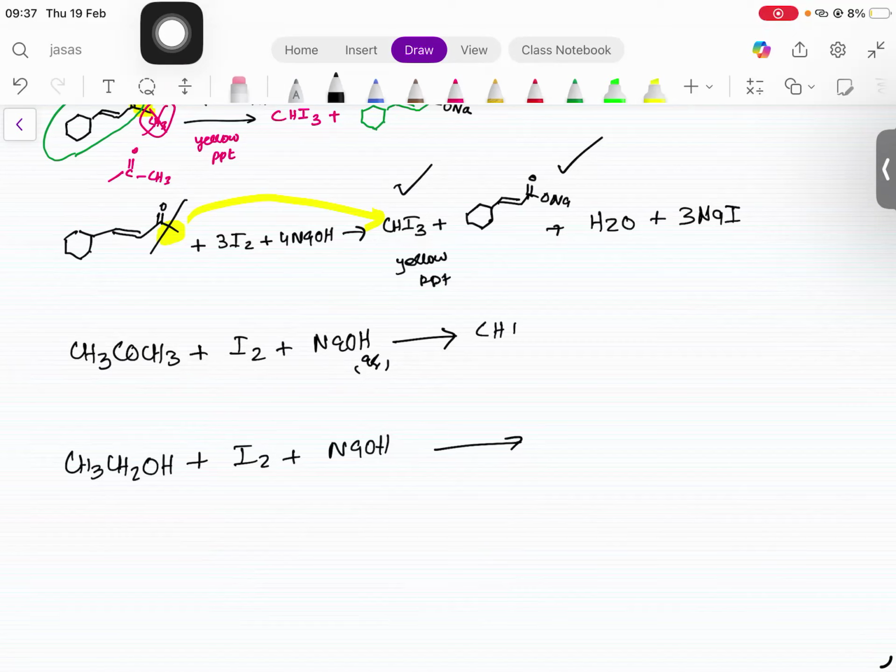One product I know, CHI3, the yellow PPT. The other product is what? इधर देखो, जो भी बच जाएगा, ये वाला part is left because I have to break it from here ना. तो जो CO है उसके आगे क्या लगा देना है बच्चों? I'll explain the steps in the next class. Then you will understand. At this moment, I'm just trying to make you memorize the equation. CH3COONA. What else? Sodium iodide. And along with this, water.